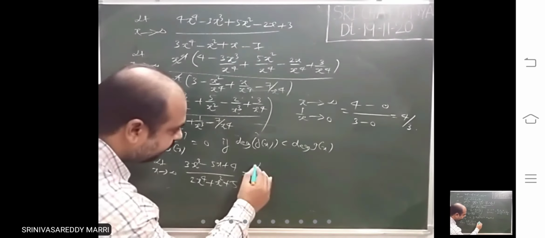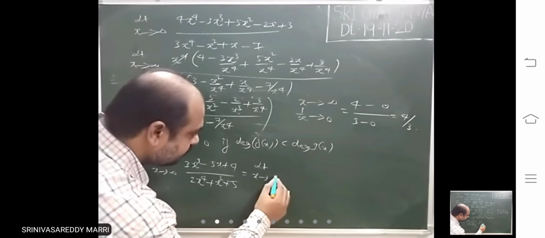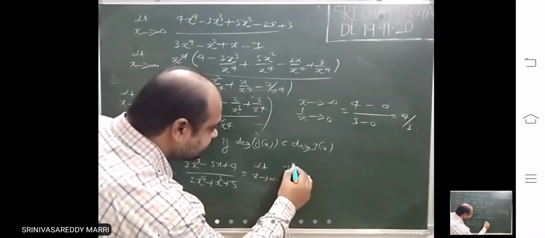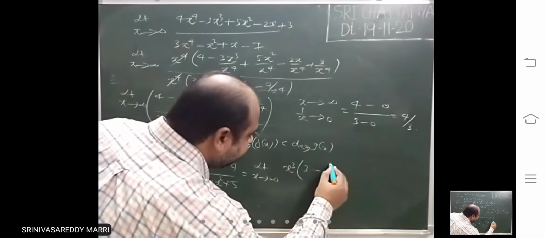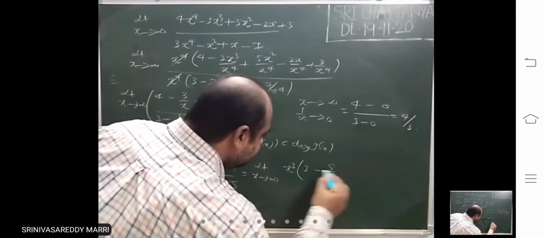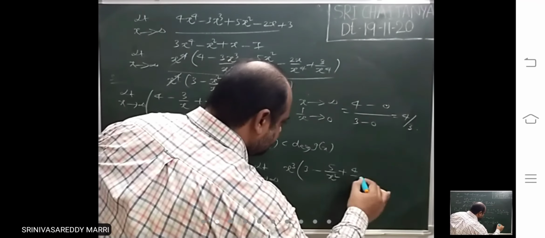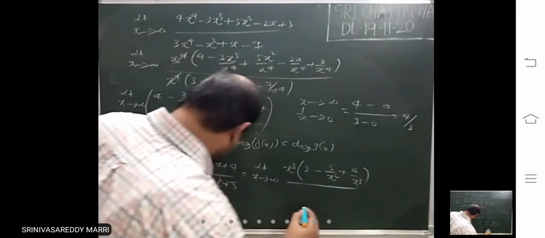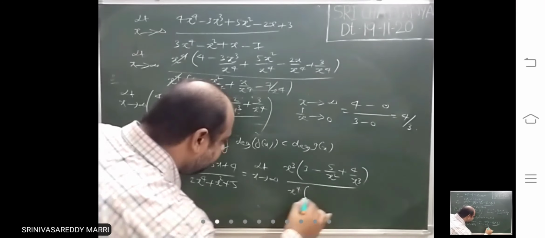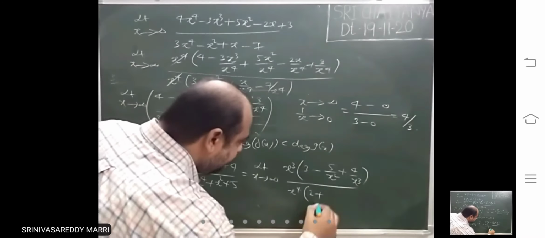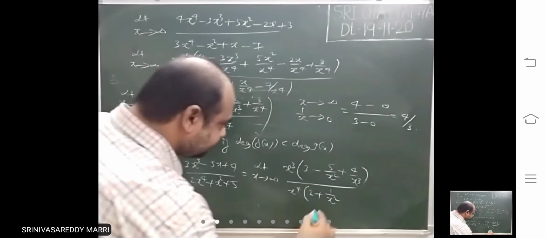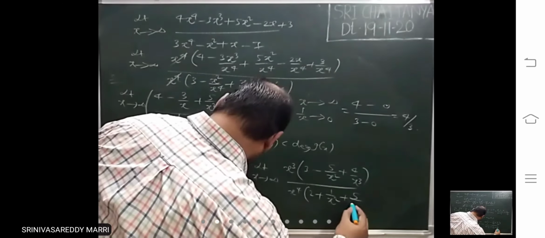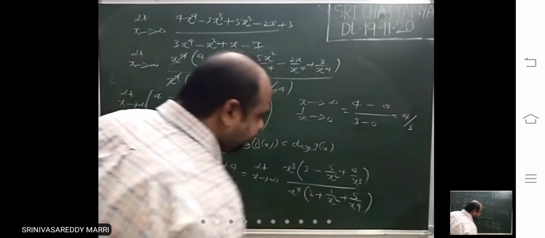Now if you are taking common, what happens? x cube, if you take common, 3 minus 5x divided by x cube. Immediately you write divided by, if you take x power 4 common, 2 plus 1 by x square plus 5 by x power 4.